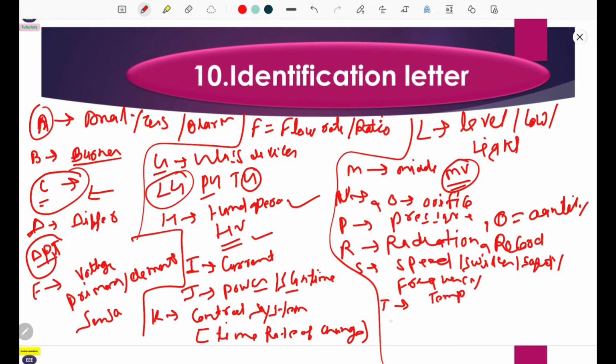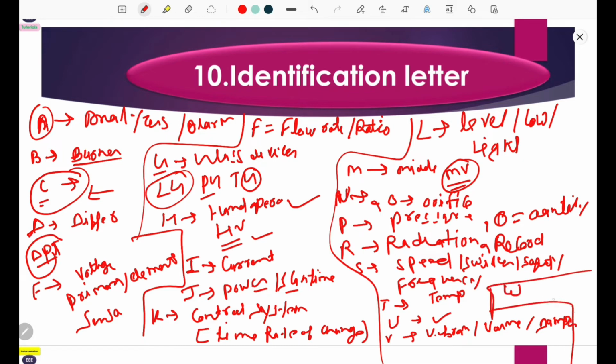And U, generally it is not used, but the user can use it as per their requirement. V is vibration. Simply V is vibration, valve, and also some damper type of valve.